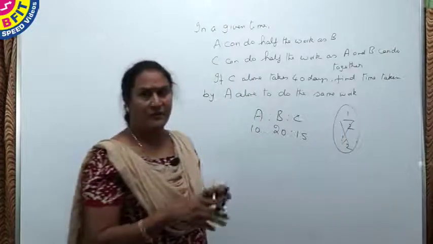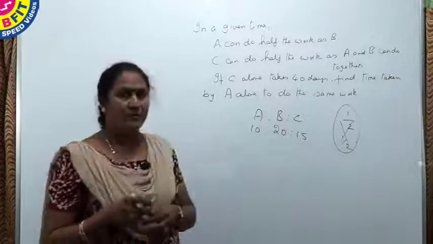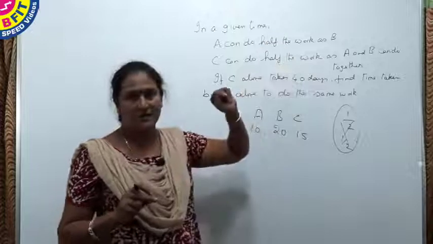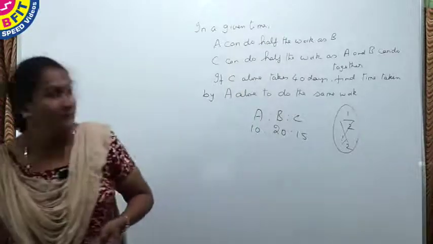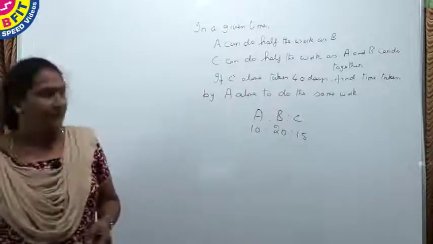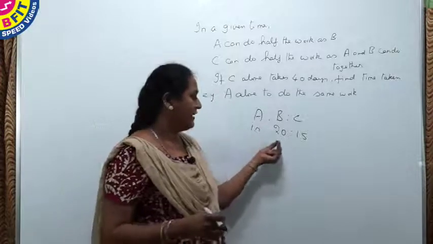So whenever you take as fractions, all leads to complicated working. So this will be easier to work out. Assume any work done by B. Because B is the base, based on that you can have work done. So work done implies efficiency, and we have 10, 20 and 15.